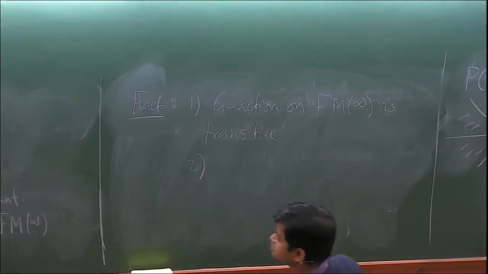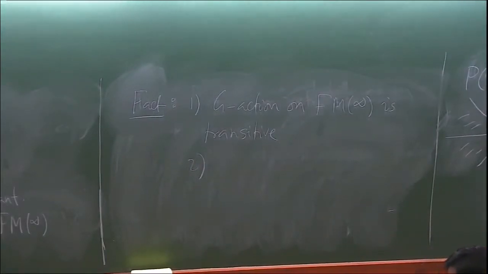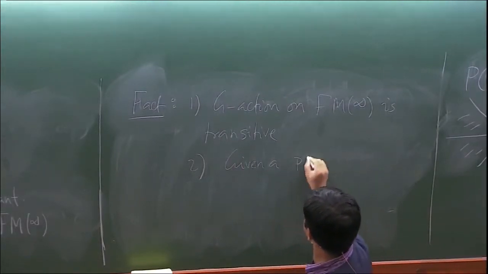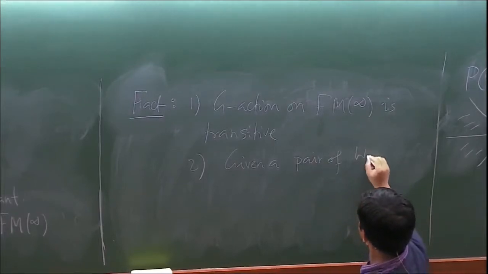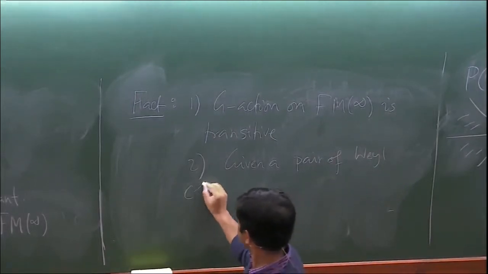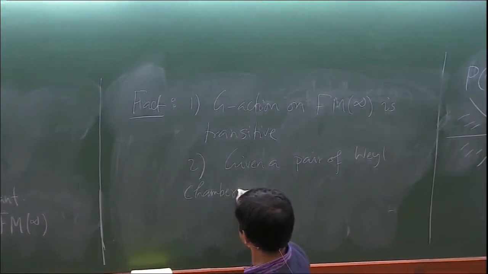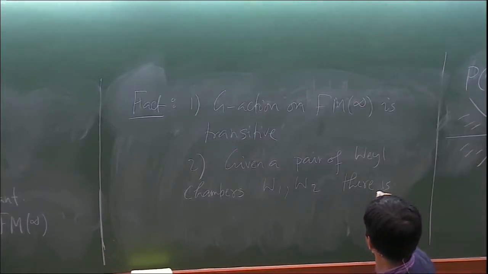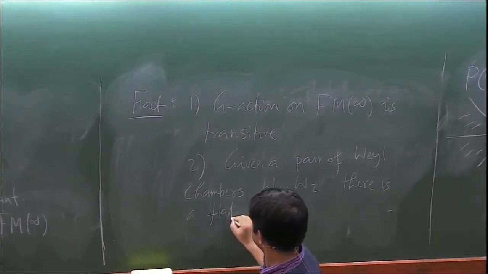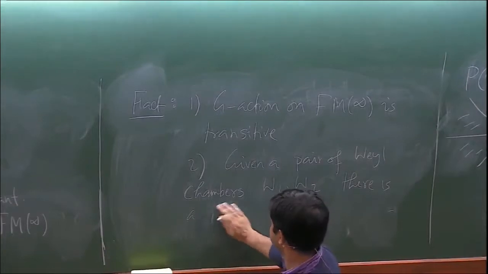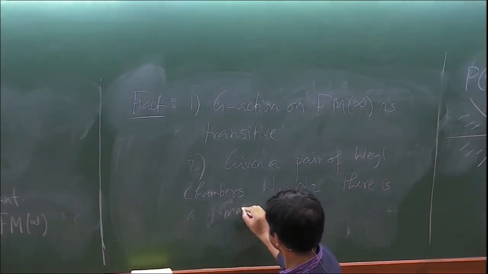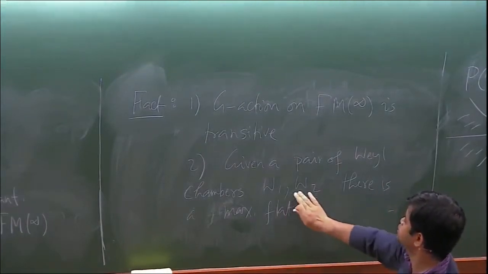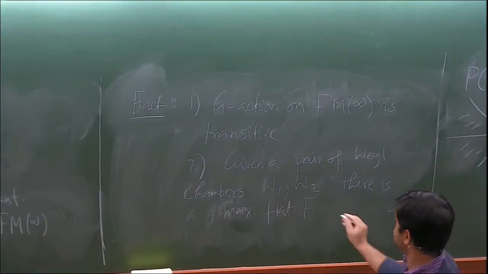And another interesting fact, which reminds you of hyperbolic geometry: given a pair of Weyl chambers, W1 and W2, there is a maximal flat F which is asymptotic to both W1 and W2.